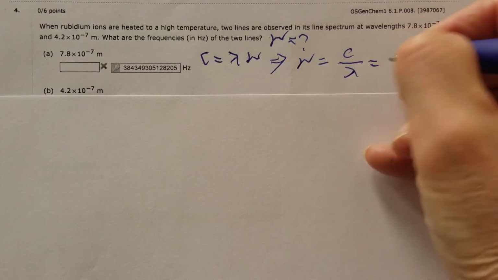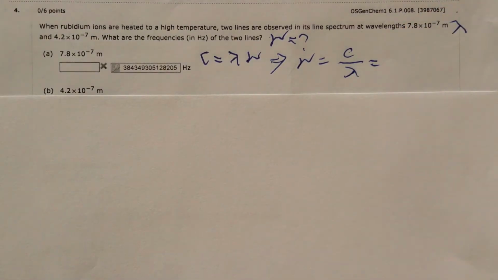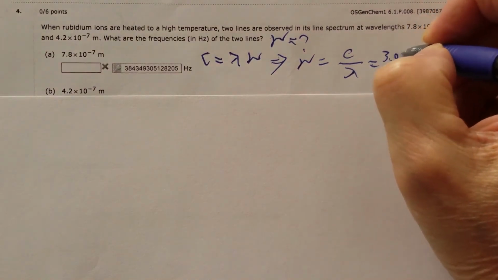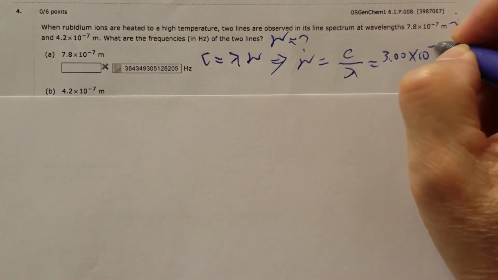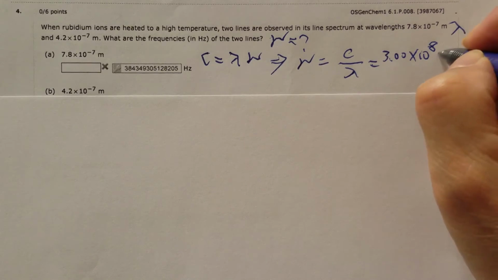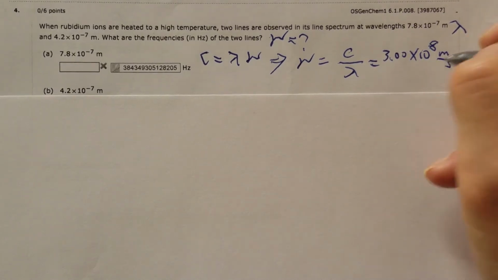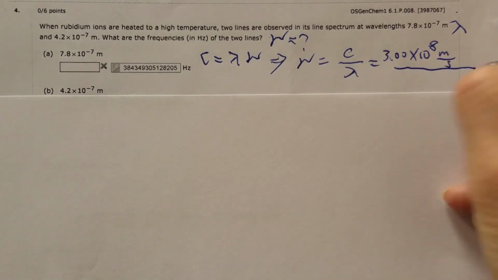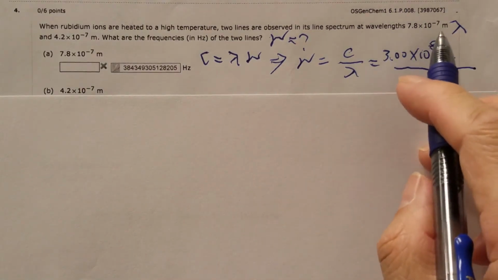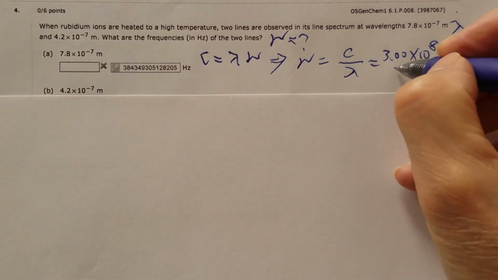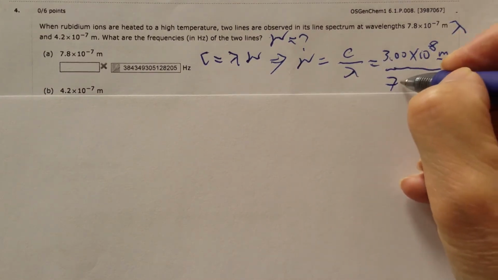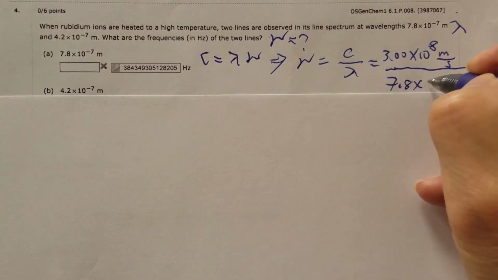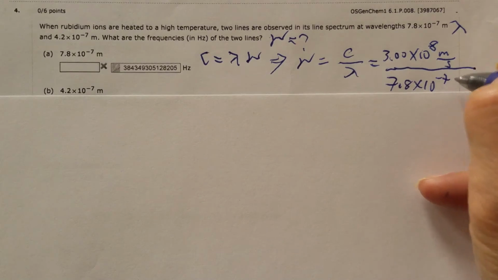So C is the speed of light. So we will just say 3 times 10 to the 8th meter per second, and then over lambda. Lambda in this case is given in meters. That simplifies the calculation.